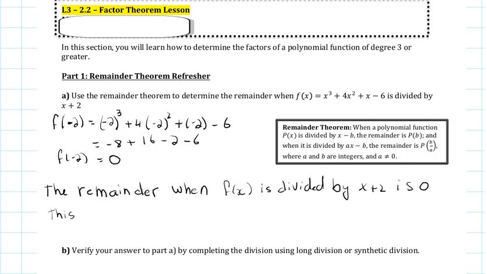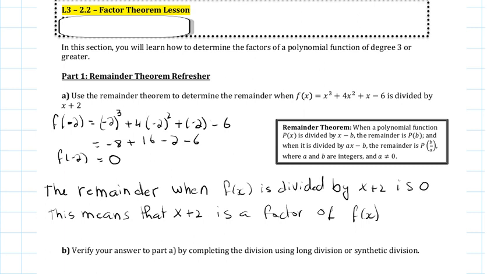This means that x plus 2 is a factor of f of x.